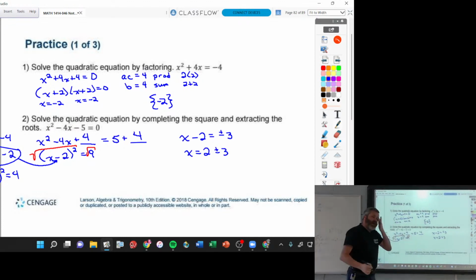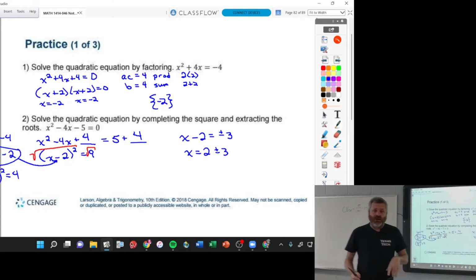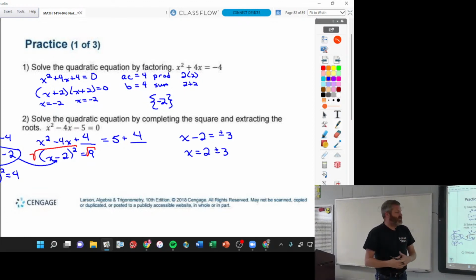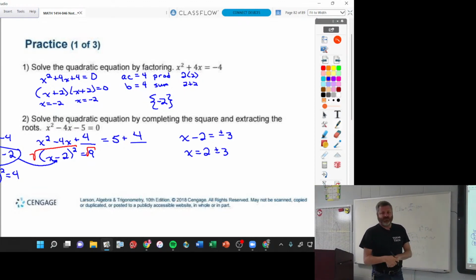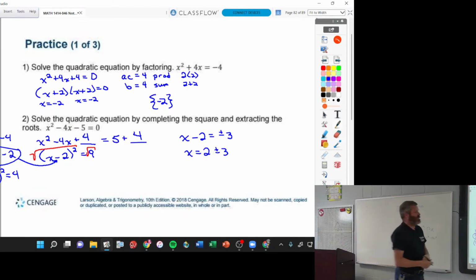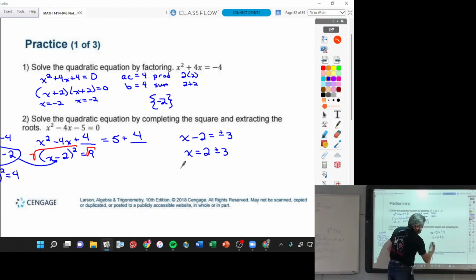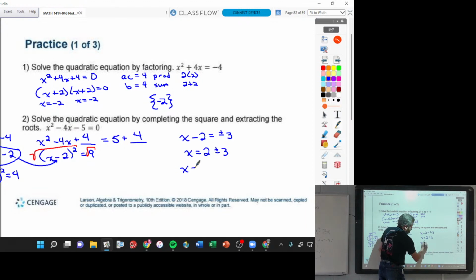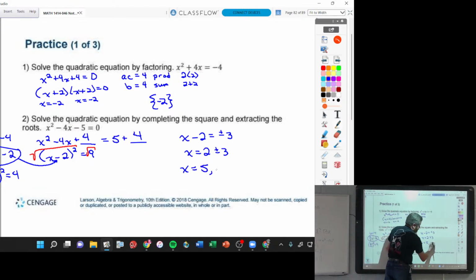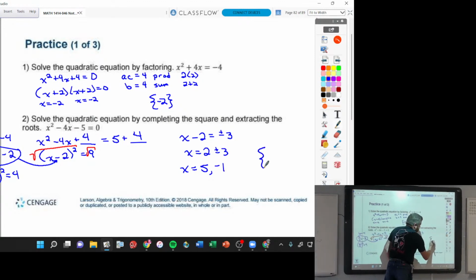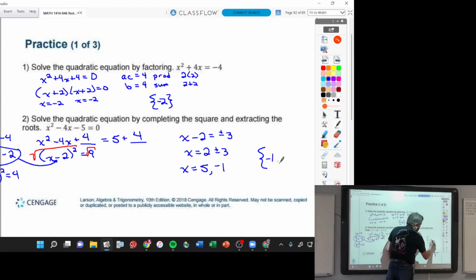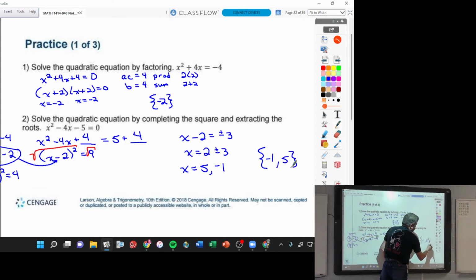In problems in the past, we ended up with a constant plus or minus a radical, and we couldn't combine those. Well, folks, this is two constants, so I can combine these. x equals 2 plus 3, or 5. x equals 2 minus 3, which is negative 1. So the answer to this question is the set of numbers containing negative 1 and 5.